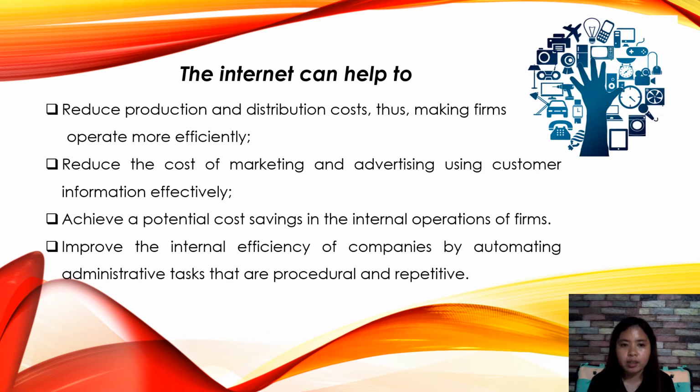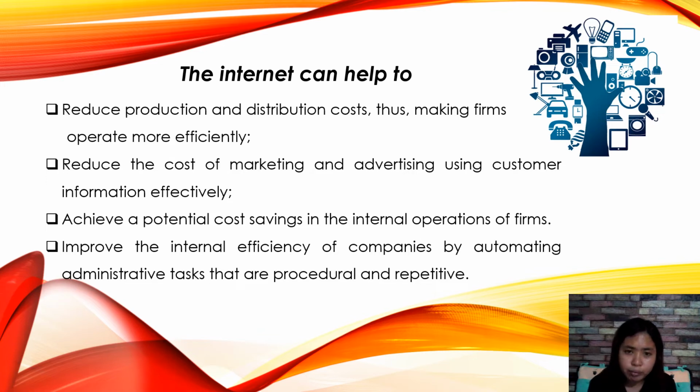The internet can help to reduce production and distribution costs, thus making firms operate more efficiently. So, the gathered information from suppliers, distributors, and manufacturers form the basis for improving efficiency.